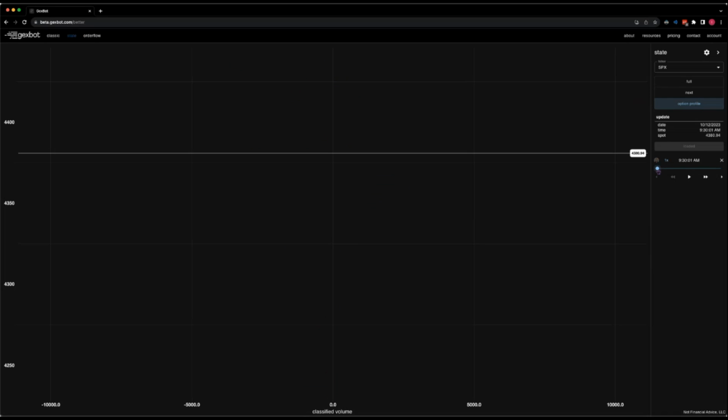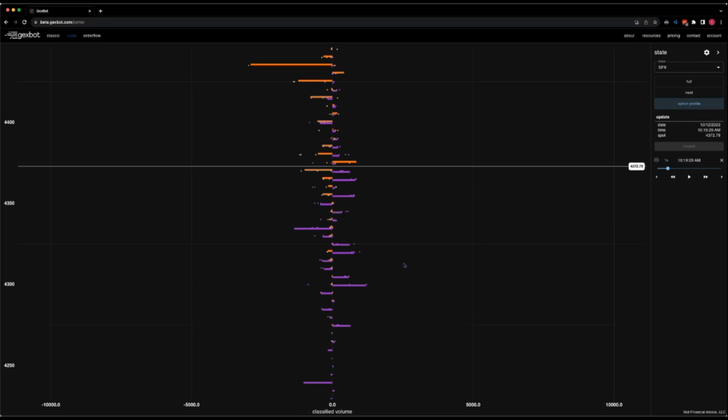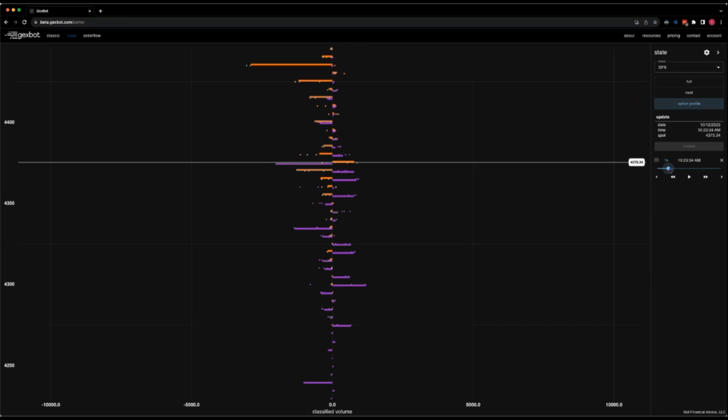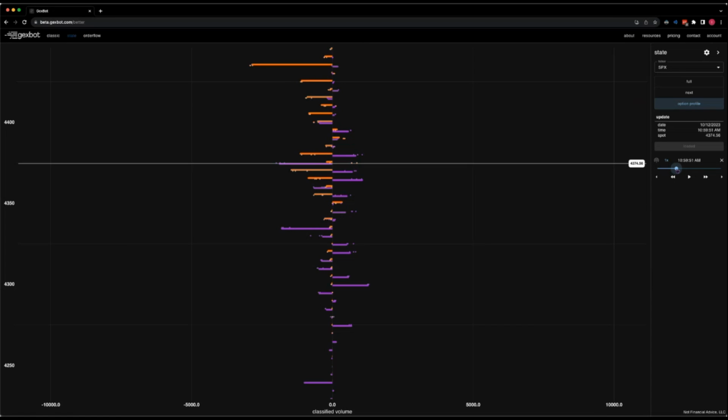The way that we've chosen to display all this is that bars extending to the right mean customer buys, and bars extending to the left mean customer sells. Unlike a classic GEX chart, where there's an assumption of calls being positive gamma and puts being negative gamma, we can actually distinguish whether on the day, net, there have been more buys or sells at that particular strike for that particular contract.